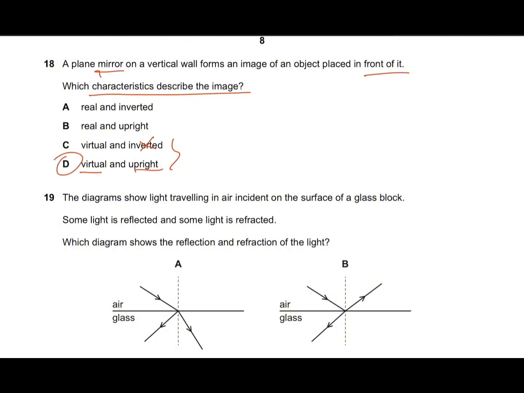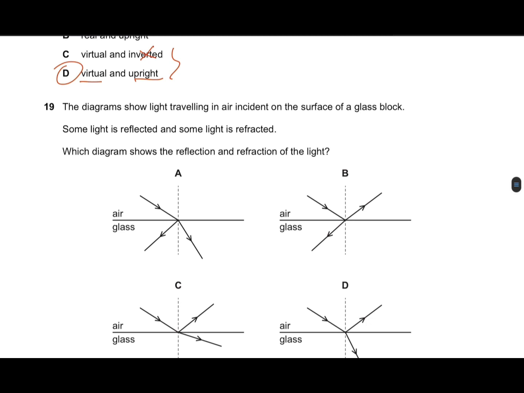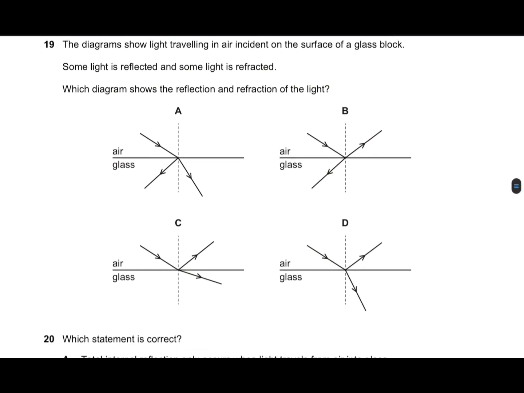So we have these two options, but inverted, we don't see ourselves inverted in the mirror, so upright is your correct option. The diagram shows light traveling in air incident on the surface of a glass block. Some light is reflected and some light is refracted. Which diagram shows the reflection and the refraction of the light? Okay, so as we can see, the first thing is air to glass.